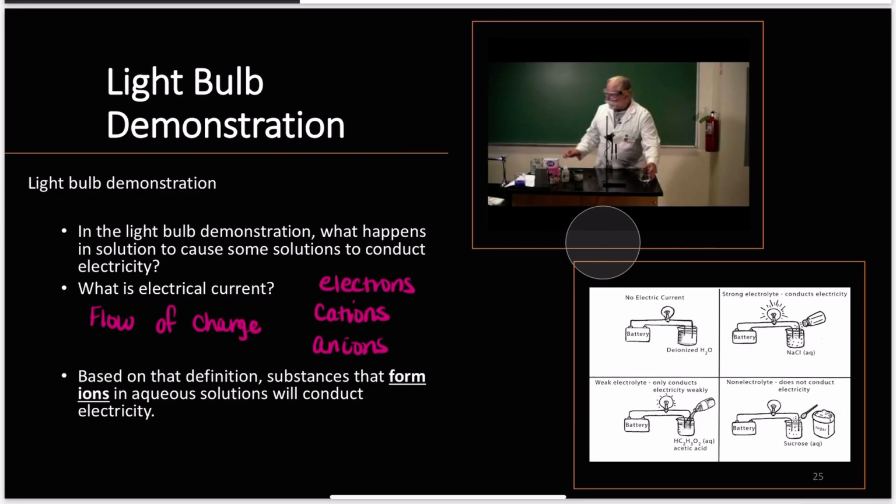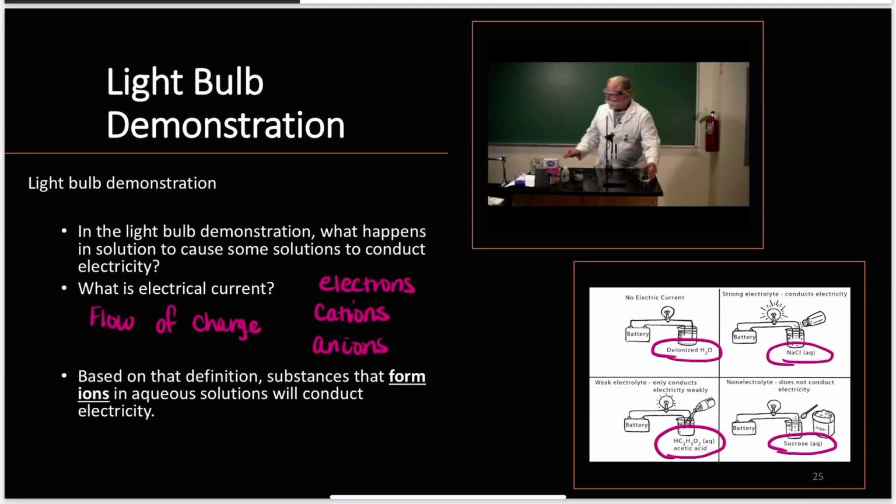We saw that when he had just pure, deionized water, no electrical current, nothing happened. The light bulb did not light up. When he put sodium chloride inside, we saw that the light bulb lit up very brightly. When he used sugar, nothing happened.